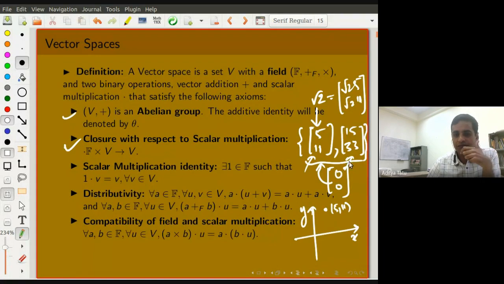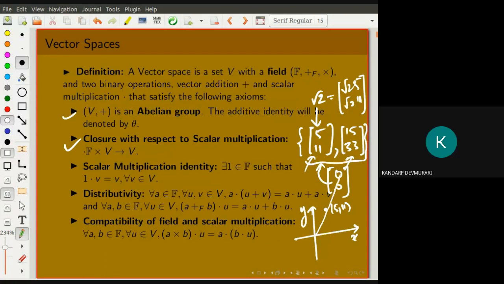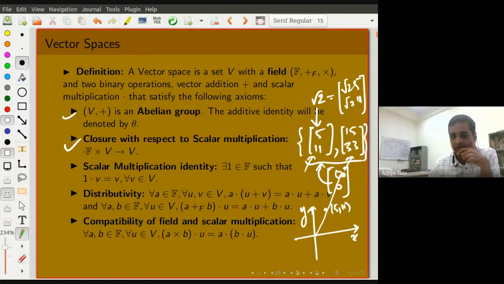If you notice, (15, 33) is on the same line. So you'll at least have to include this entire straight line. So would this entire line form a vector space?